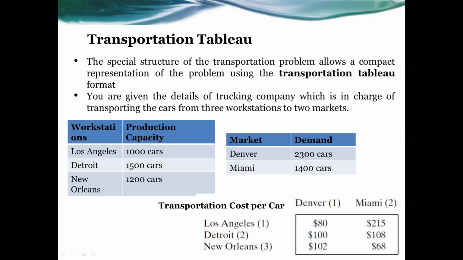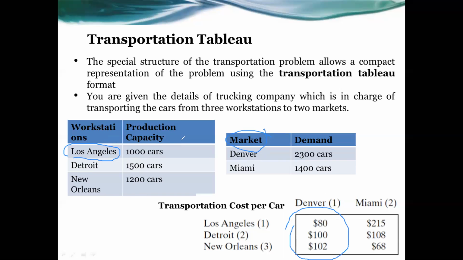Then Detroit produces 1,500 cars, and to provide for the Denver market requirement it costs $100, and for Miami it costs $108. Likewise, you get the transportation cost we have to incur from one workstation to one marketplace at one time. This is for one delivery route.